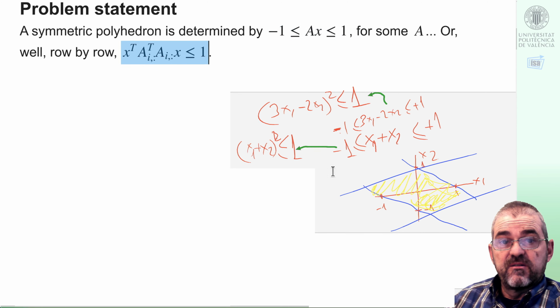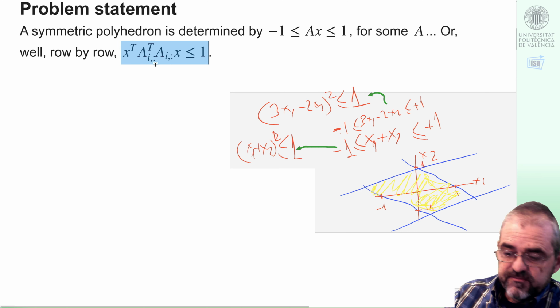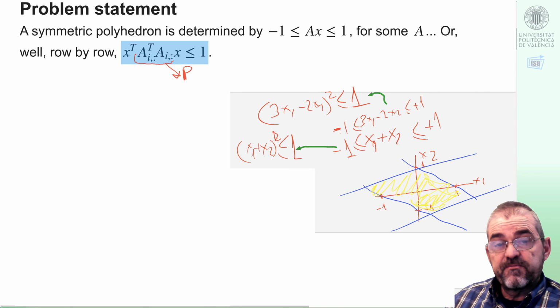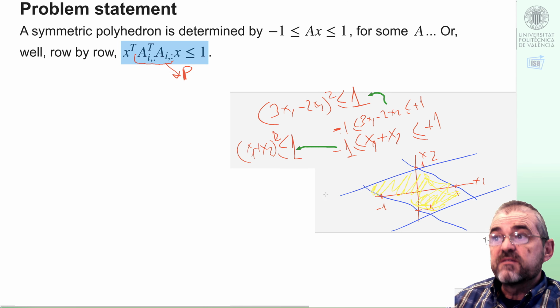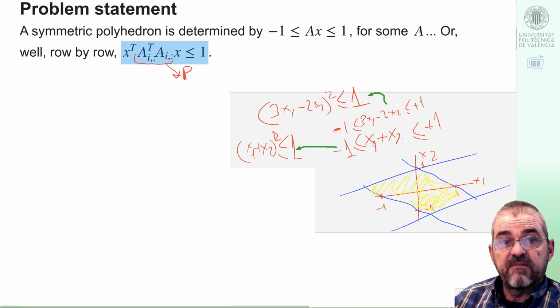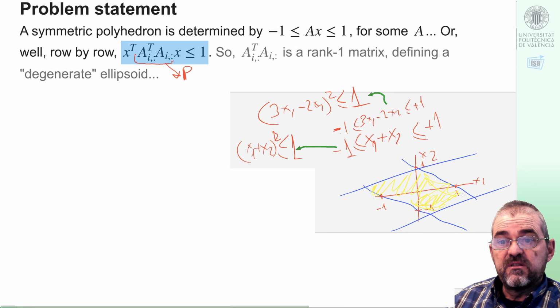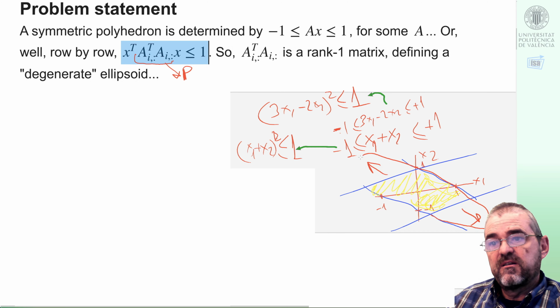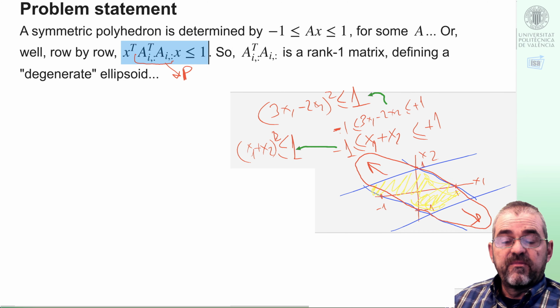In fact, these quadratic inequalities, if this is a generic positive definite matrix P, will define an ellipse, but this P in particular is singular, rank 1, so it defines an ellipse with an infinitely long axis around the center of the band.